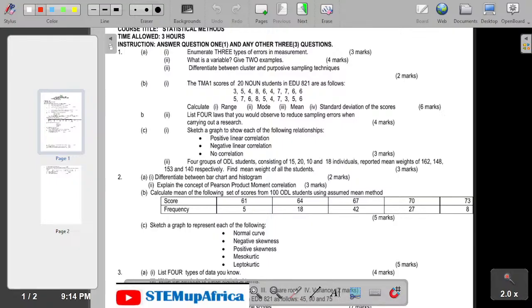I didn't see any Z-score here. Okay, now question 1, I've seen it. Question 1. Okay, let's do this. So let me display so that everybody can follow through.